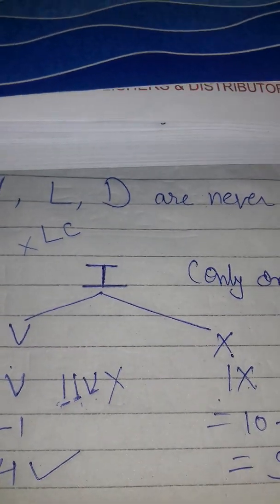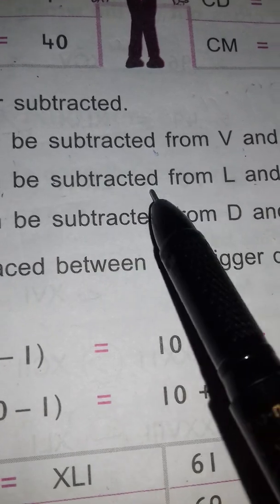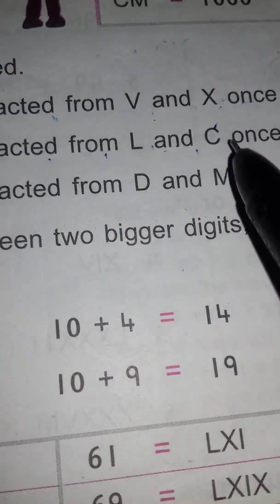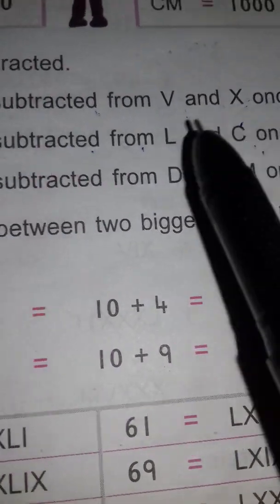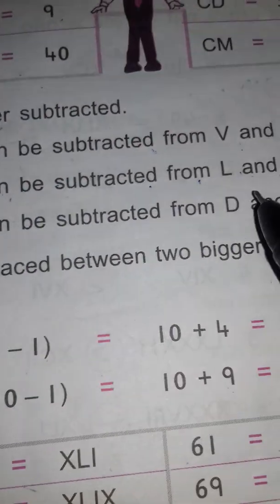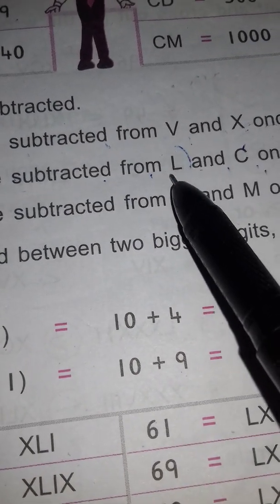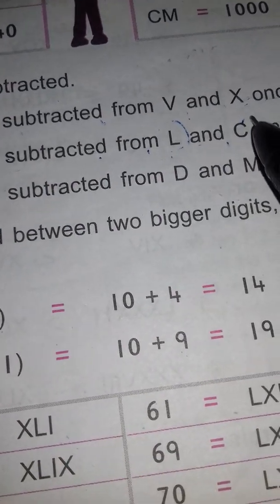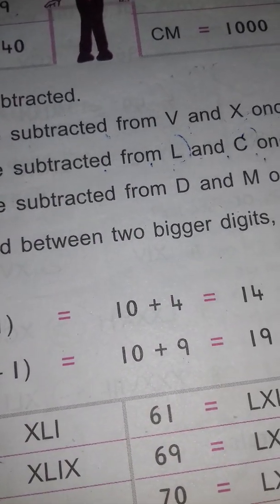Okay, similarly, the symbol X can be subtracted from L and C once only. If we are subtracting this symbol from L or C, we can subtract it only once.